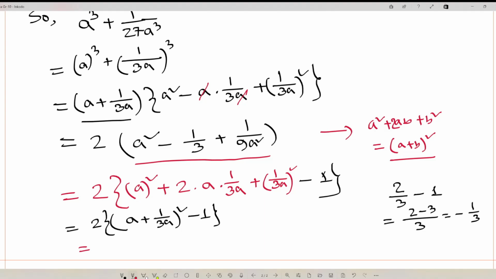Similarly, 2 and a plus 1 by 3a means again 2 square minus 1. So 2 square means 4 minus 1, so 4 minus 1 is 3. So 2 times 3, and finally the answer is 6.